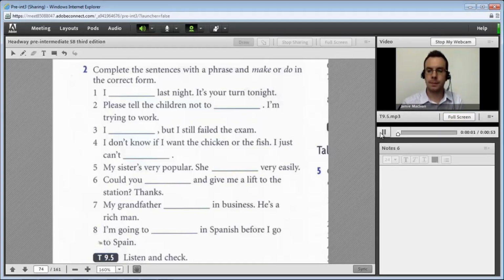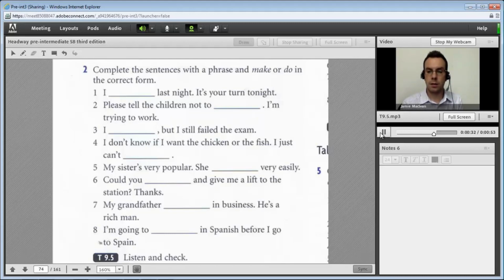Tape script 9.5. 1. I did the washing up last night. It's your turn tonight. 2. Please tell the children not to make a noise. I'm trying to work. 3. I did my best, but I still failed the exam. 4. I don't know if I want the chicken or the fish. I just can't make up my mind. 5. My sister's very popular.